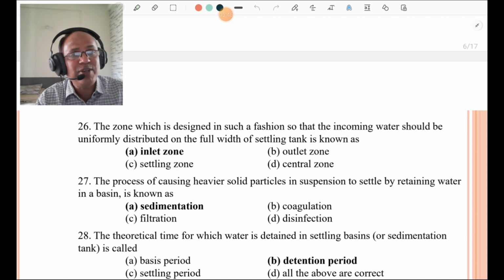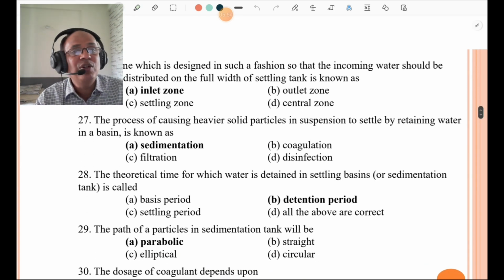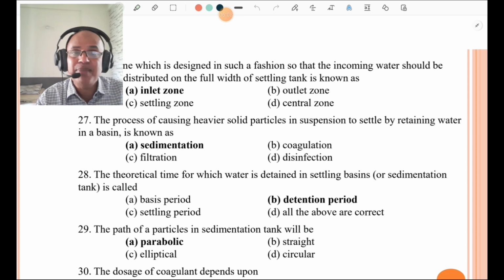The process of causing heavier solids in suspension to settle by retaining water in a basin is known as sedimentation. The theoretical time for which water is detained in a settling basin or sedimentation tank is called the detention period. It is not basis period or settling period, it is detention period. The path of the particle in a sedimentation tank will be parabolic.